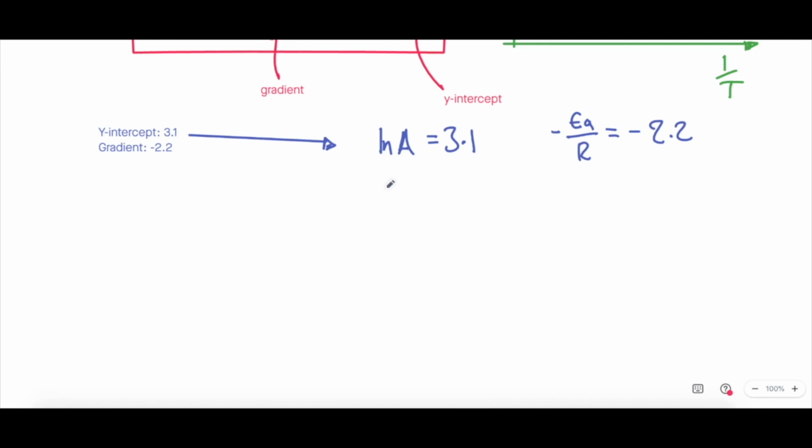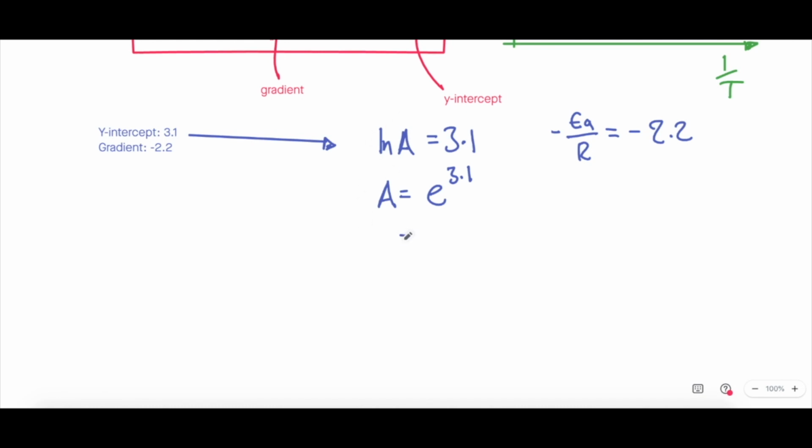So for the Arrhenius constant, you need to move your ln to the other side. Remember earlier I said that the inverse of ln is e to the power, or the exponential function. So A is equal to e to the power of 3.1. That's how you get rid of your ln.